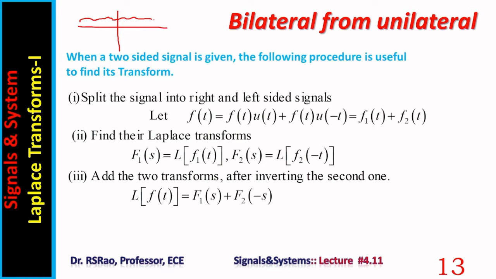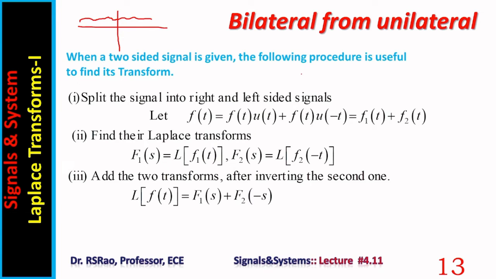Signal is two-sided, appropriate transform is bilateral. So we need to calculate bilateral transform. The point is how to get this bilateral transform of this particular two-sided signal with unilateral transform.